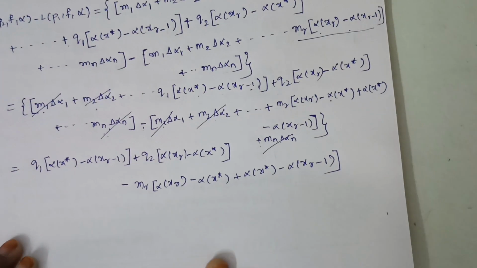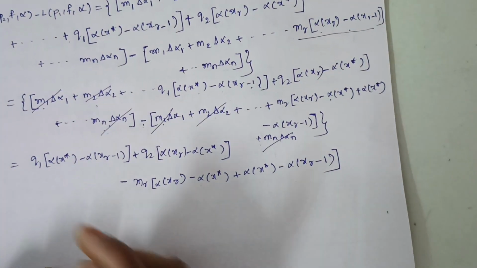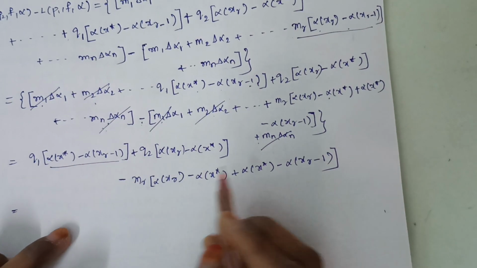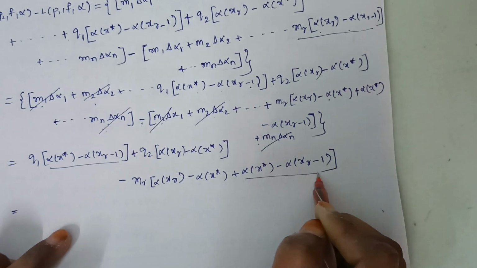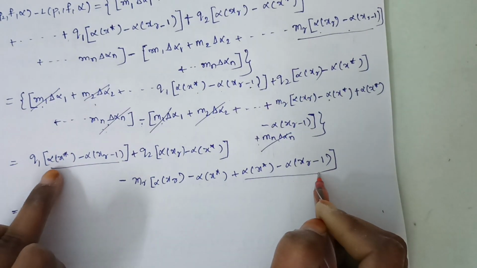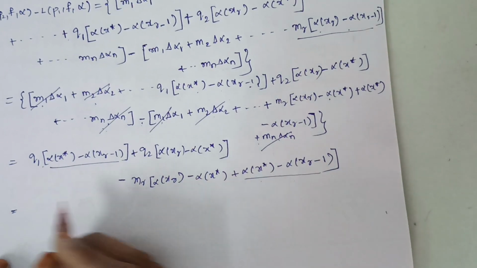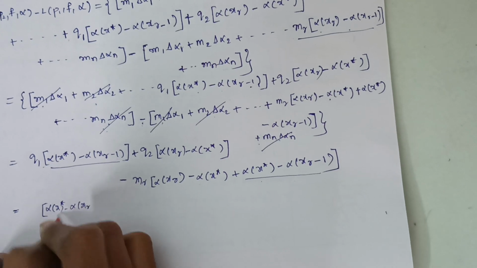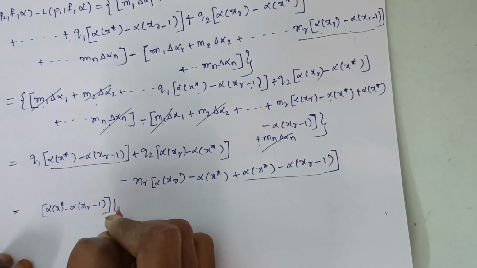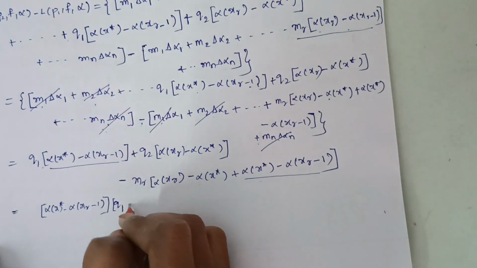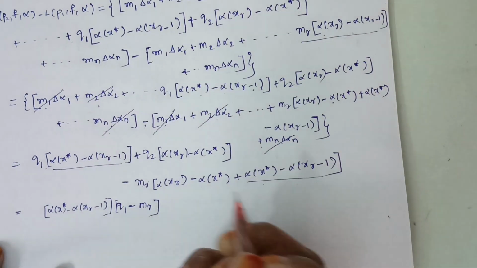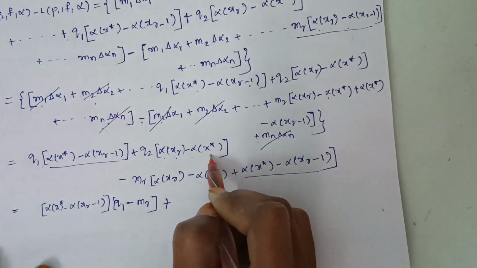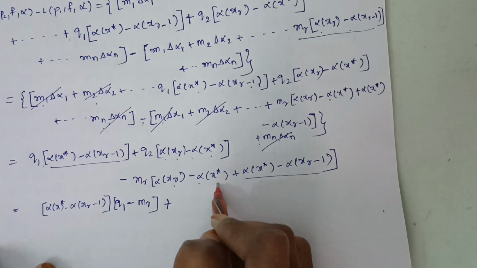And from this, if you see it carefully, we can take common alpha x star minus alpha x r minus 1. Take common from this Q1 and Mr. Then you get alpha x star minus alpha x r minus 1 into Q1 minus Mr, plus, and in this, see here, alpha x r minus alpha x star, and we have alpha x r minus alpha x star.